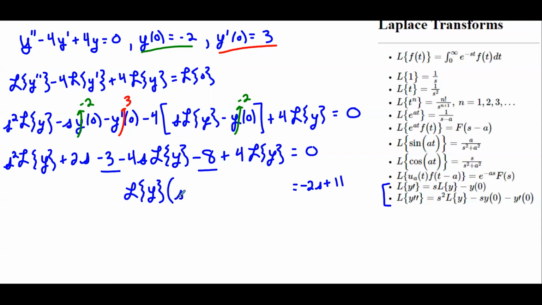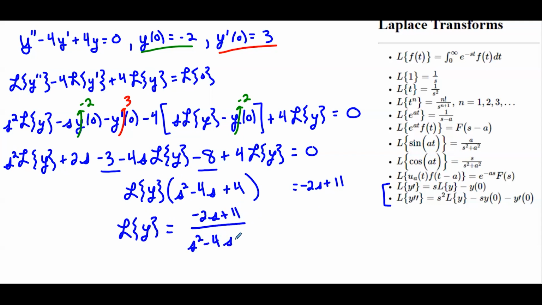So I get s squared minus 4s plus 4. And then I solve for the Laplace transform of y. So I divide by this s squared minus 4s plus 4.